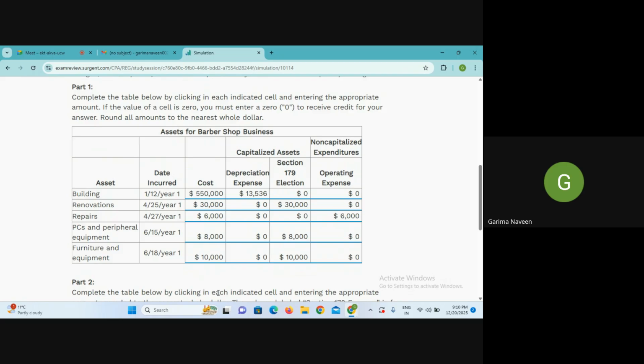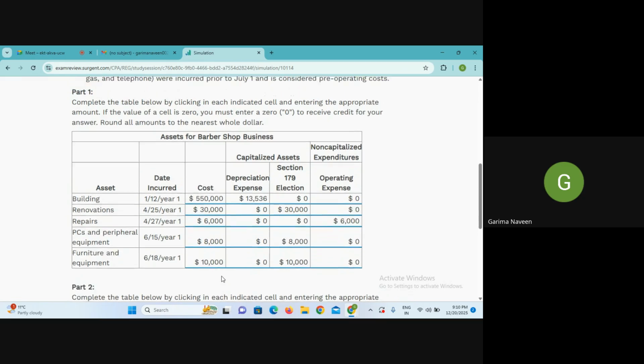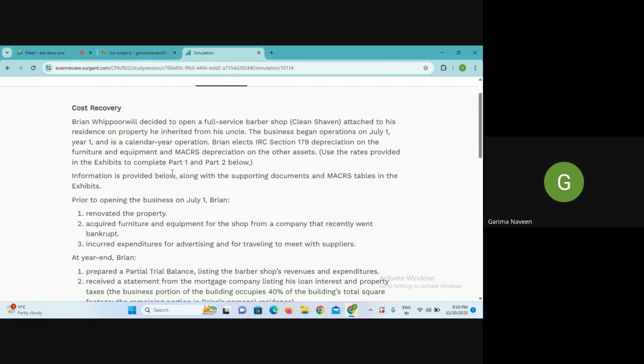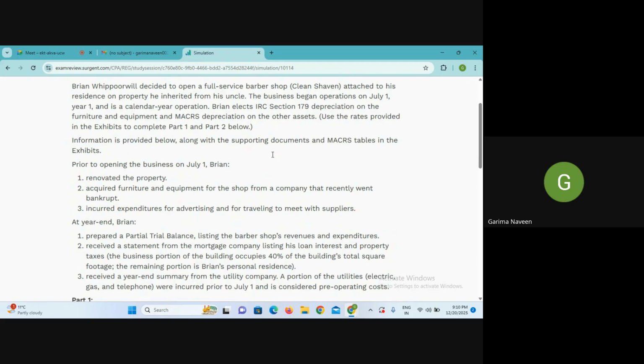So also check for these assets, like whether you are putting into use in this year or not. Like if you have purchased in year 1 but you are putting to use in year 2, then only in year 2 you can claim 179 election, not in year 1. So also check for these assets that you are putting these assets in operation in year 1.